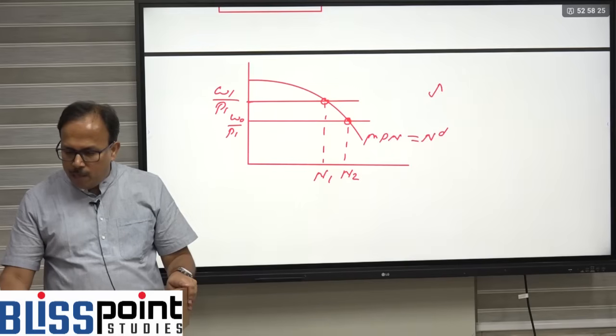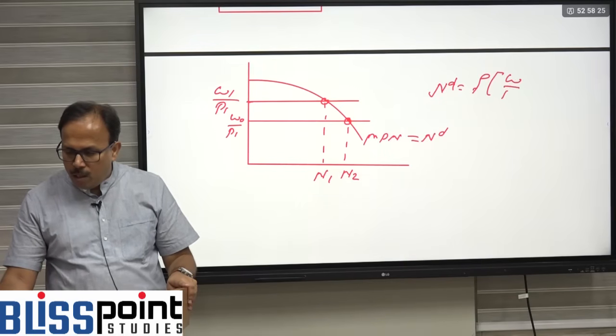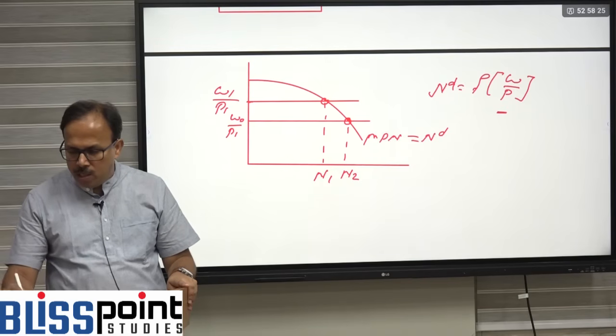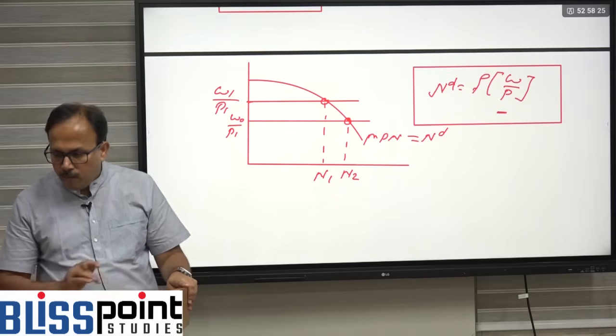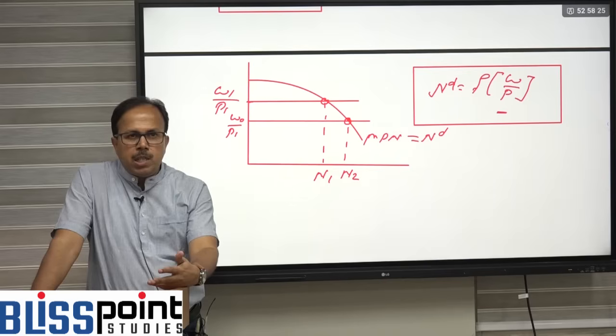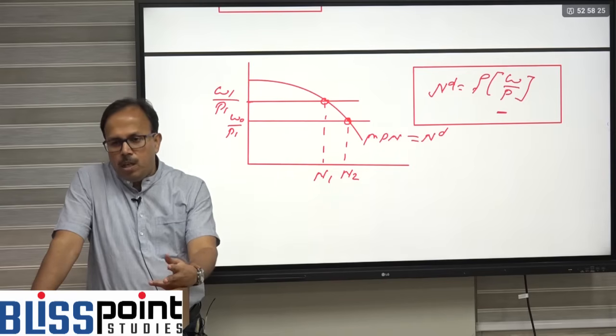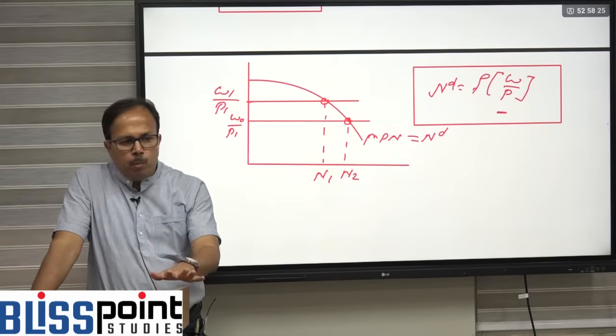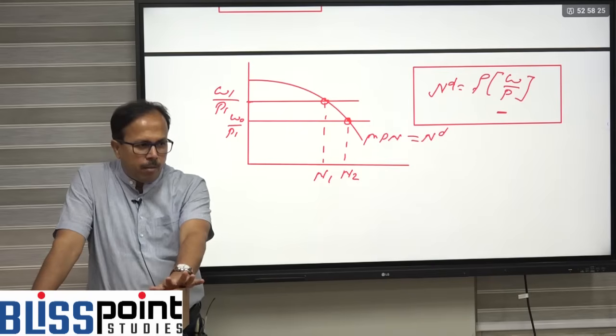So we say that labor demand is a function of real wage, and it is basically an inverse function. इसलिए माइनस साइन लिखा वहाँ. Labor is demanded by the firm, and how much labor will be demanded? That much labor where the profit gets maximized, and for profit maximization W by P must be equal to MPN.